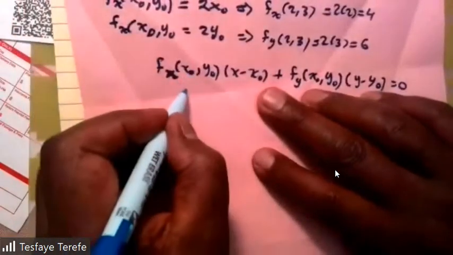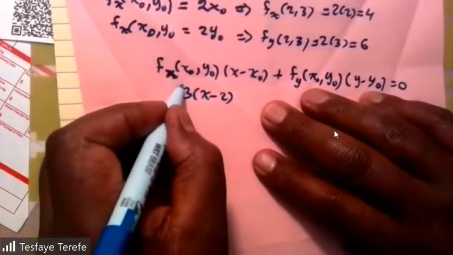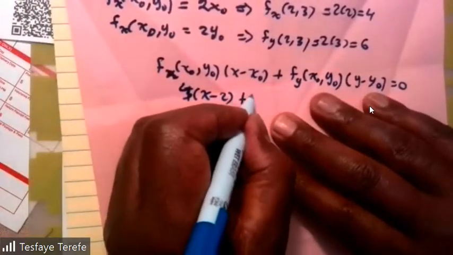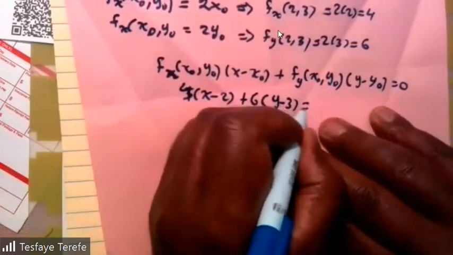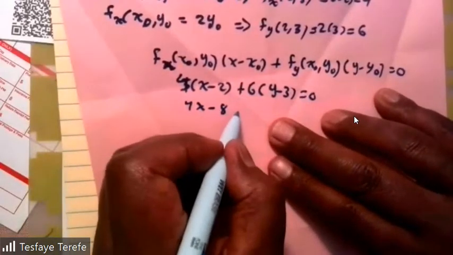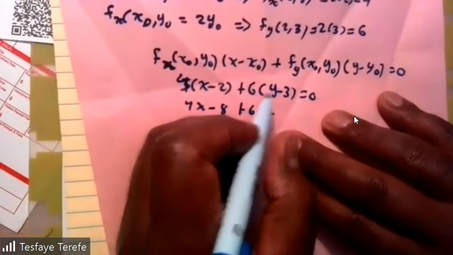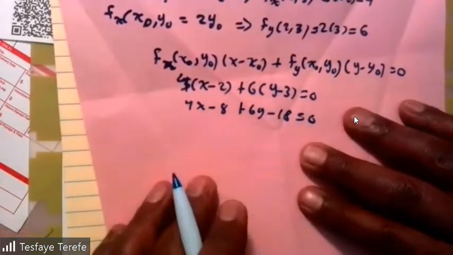Then in this case, we have 4 times x minus 2, plus 6 times y minus 3 is equal to 0, so 4x minus 8 plus 6y minus 18 is equal to 0.